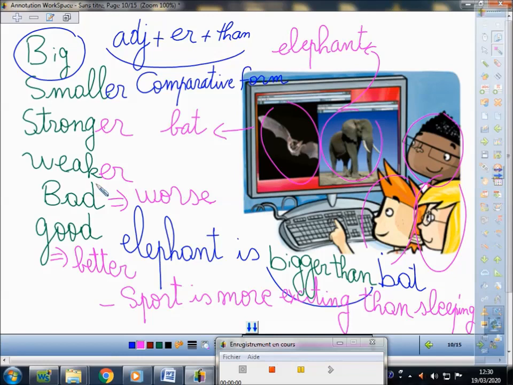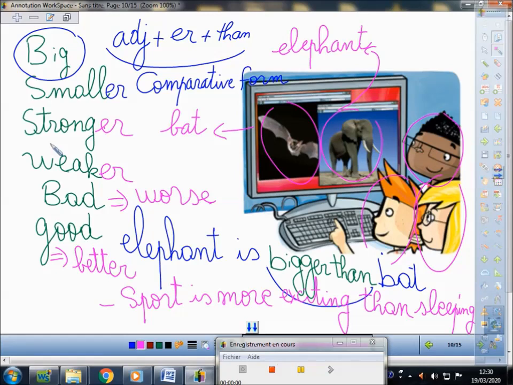Let's repeat. The bat is weaker than elephant. Elephant is stronger than bat.